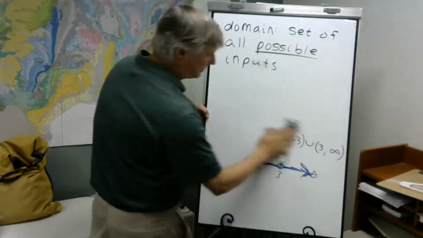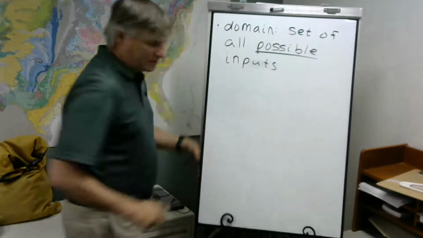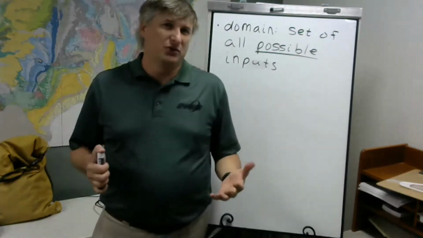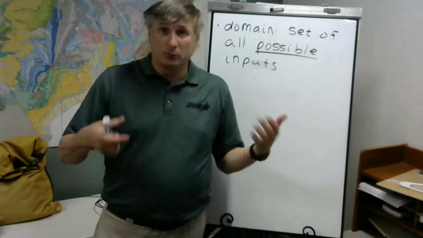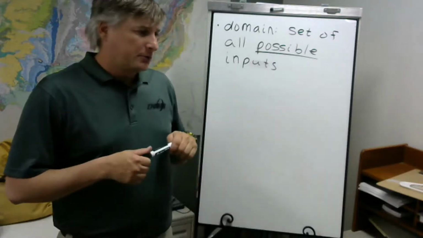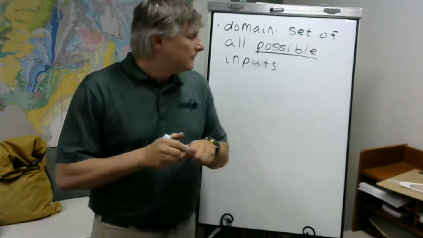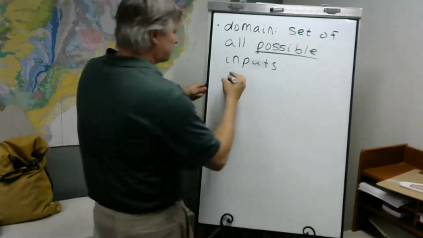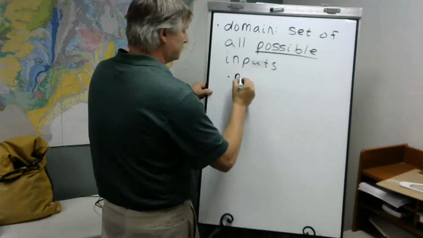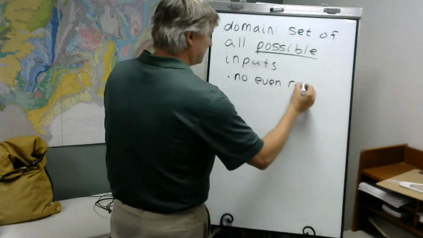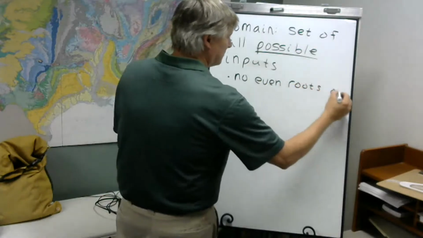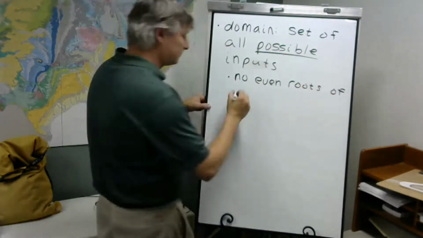The other thing we try to avoid, since we're dealing with real functions, what that means is functions that work with real numbers and output real numbers. In other words, we don't deal with complex numbers. We want to avoid square roots or even roots of negative numbers.